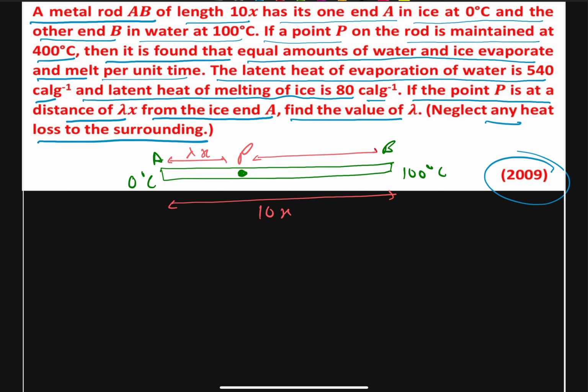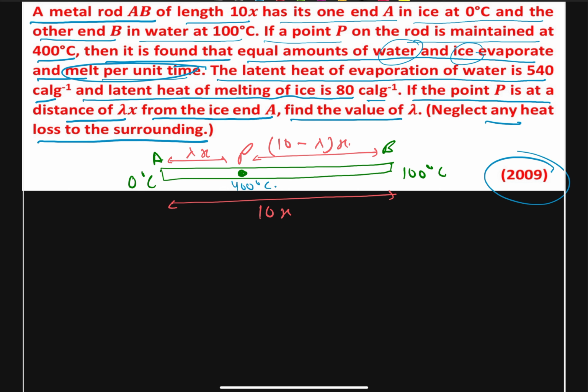Therefore, from end B, this will be (10 minus lambda), and x we can take as common. And the temperature at point P is said to be 400 degree centigrade. Okay. And it is also said that equal amounts of water as well as ice evaporate and melt per unit time.